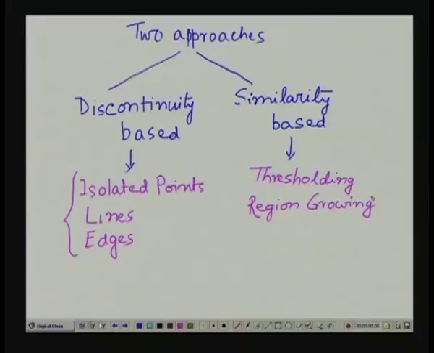In the simplest cases, similar in some sense means that the intensity value of the adjacent pixel is almost the same as the intensity value of the pixel from where we started growing the region. So, starting from this particular pixel, you try to grow the region based on connectivity or adjacency and similarity. This is the region growing based approach.